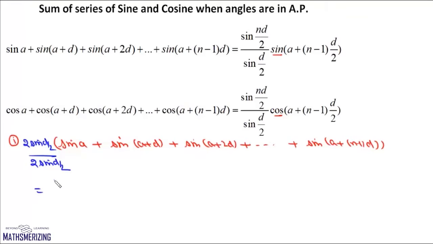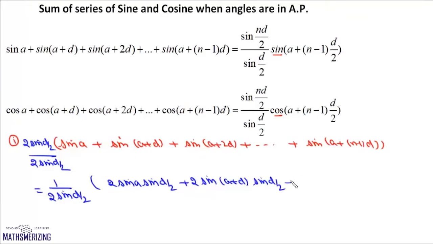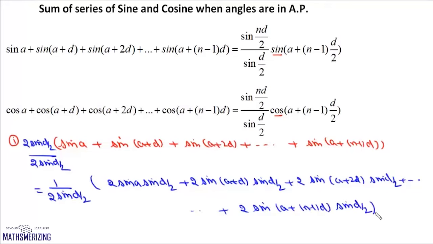So we can write this as 1 upon 2 sine d by 2, and it'll be 2 sine A into sine d by 2, 2 sine A plus D into sine d by 2, 2 sine A plus 2D into sine d by 2, and it goes on up to 2 sine A plus n minus 1 into D into sine d by 2.